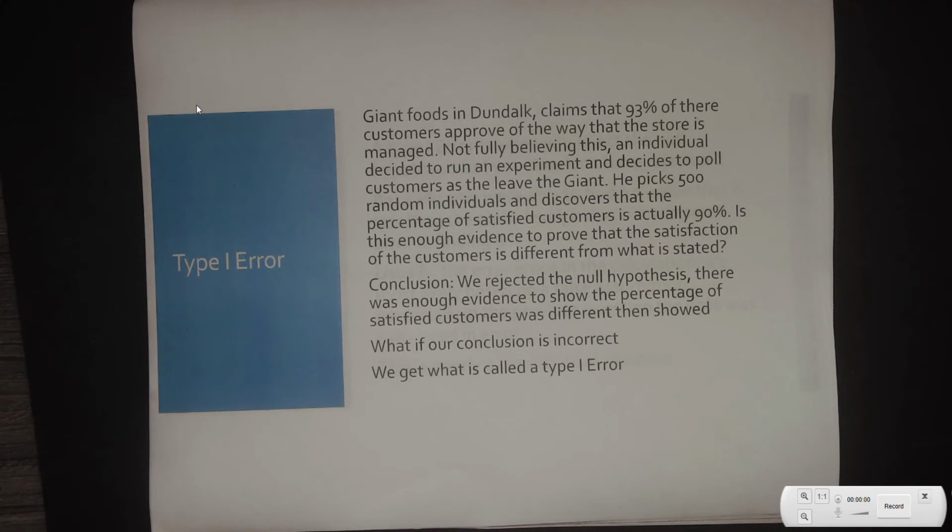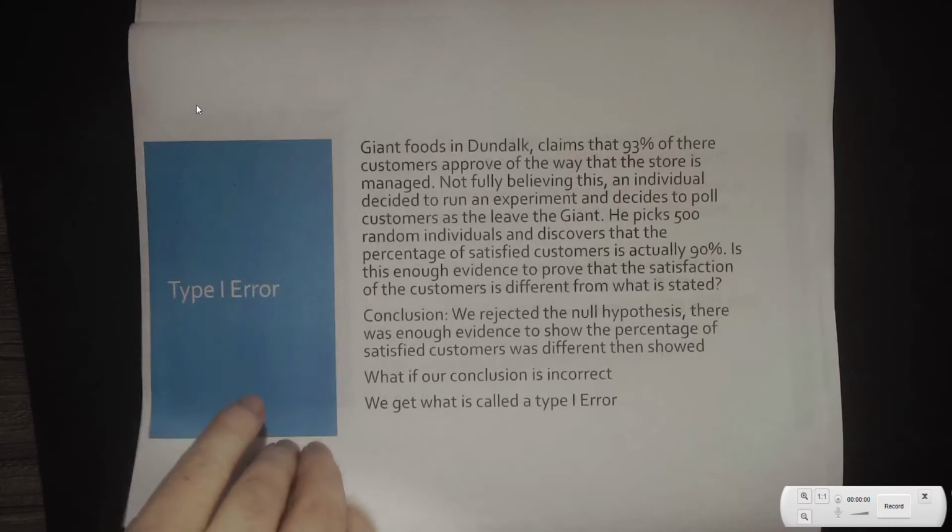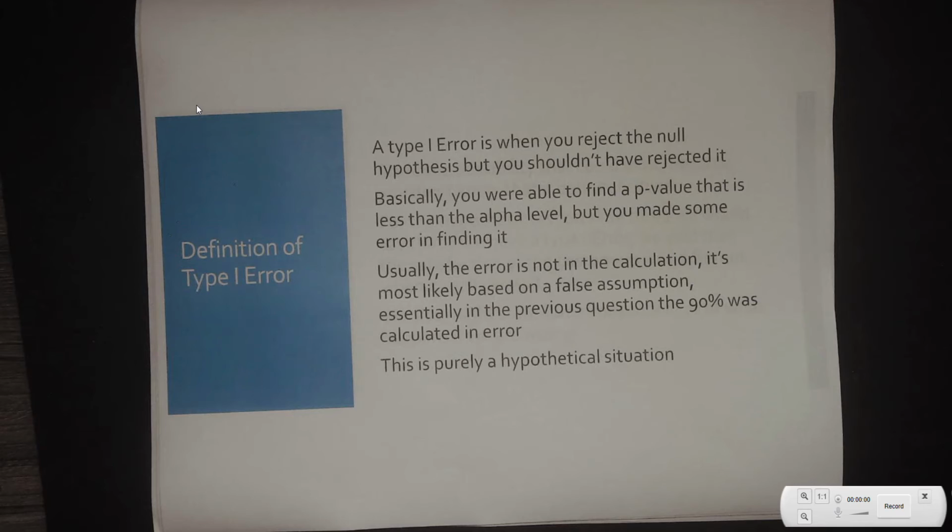So we come up with a hypothetical situation of what if our conclusion is incorrect? Well, we get what's called a type 1 error. A type 1 error is when you reject the null hypothesis, but you shouldn't have rejected it.